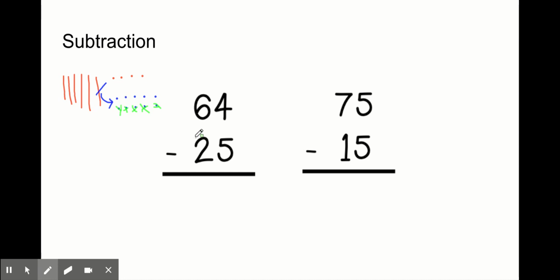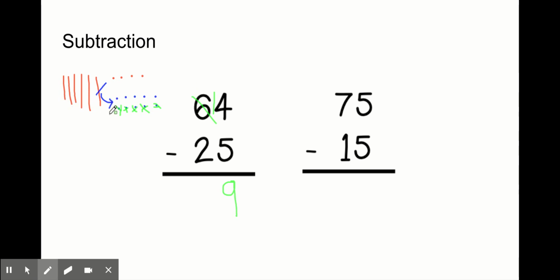How many ones are left? 1, 2, 3, 4, 5, 6, 7, 8, 9. 9 ones are left, because I took from the 6 and made this 4 into 14.